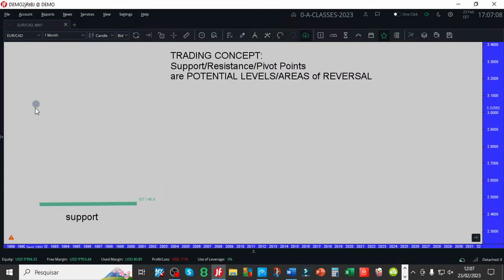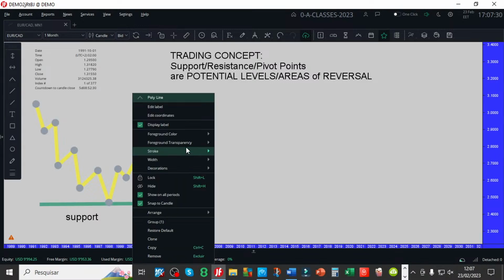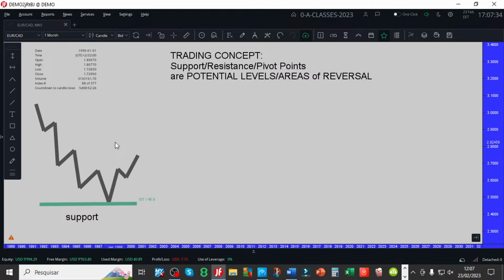When the market is going to make lower lows, lower highs, lower lows, lower highs, it is going to hit support. It's going to hit support, and then it's going to react. Make sense, everybody? Not that difficult, not that special, right? Support is a level of a potential reversal.